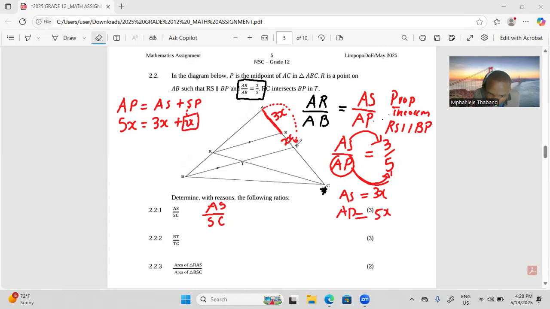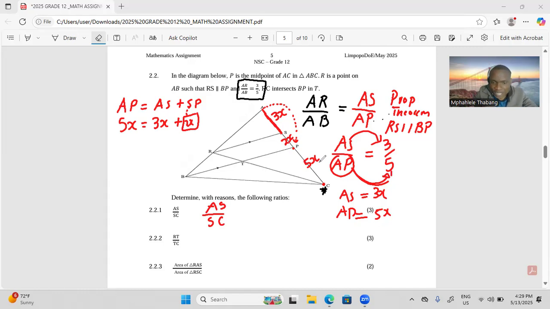So which means that PC, the distance from P to C, I'm going to see it as 5x as well, because I know that AP is equal to PC.